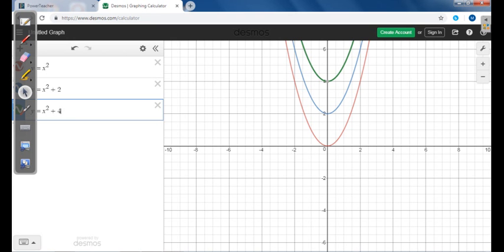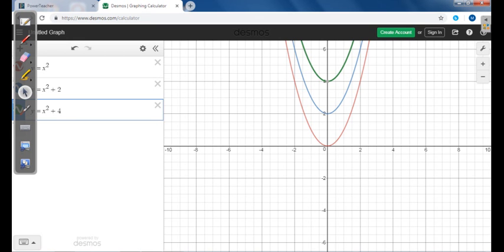It's higher again. Where is the vertex? 0, 4. So it went up from the original one. We always compare to the original. We never compare to the blue one, for example. We always compare to the original. We see that from the original it went up 4.